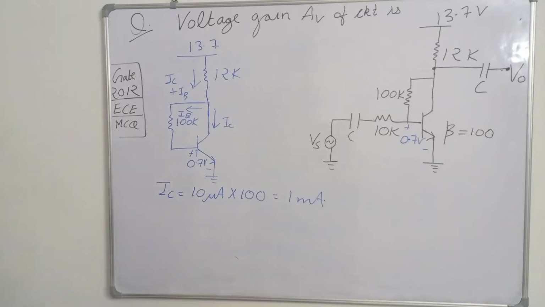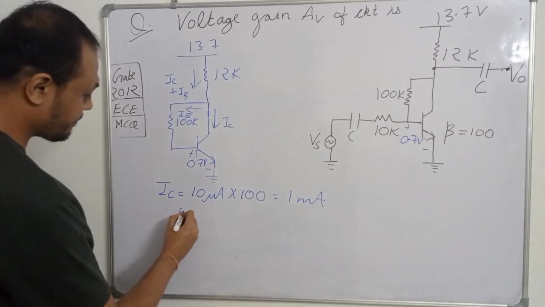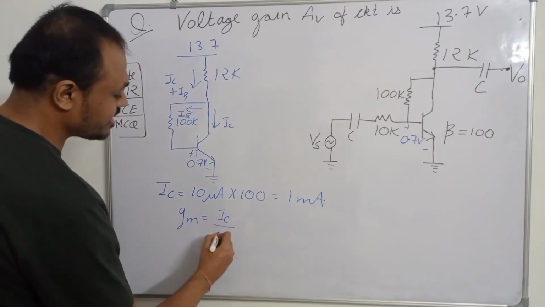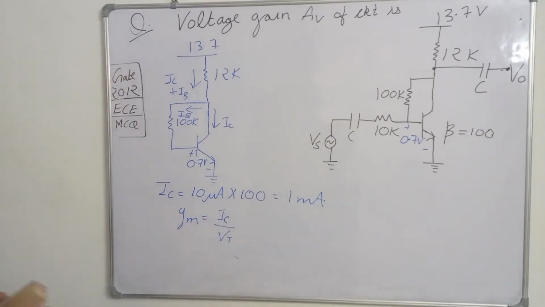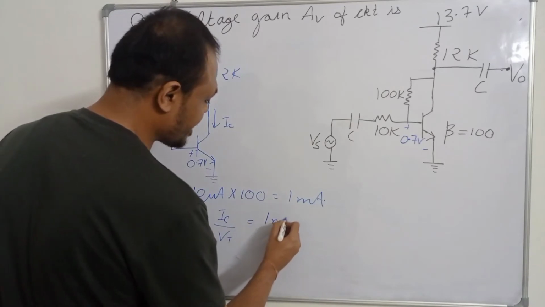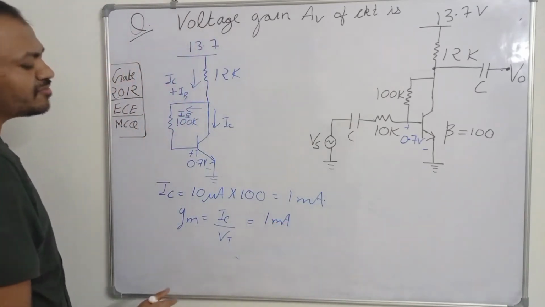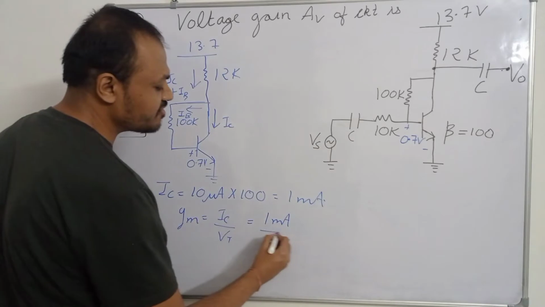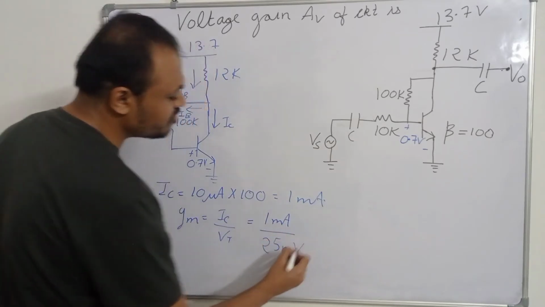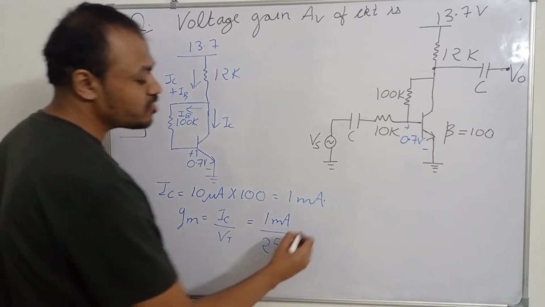So gm will be equal to IC upon VT. So this will be equal to 1 milliampere over the thermal voltage, which is obviously 25 millivolt at room temperature.